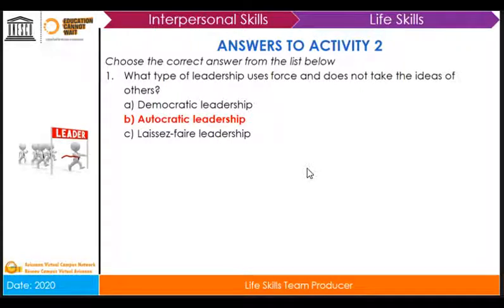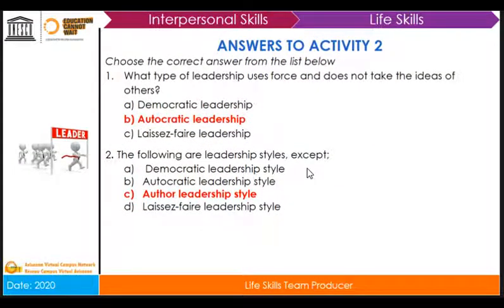The correct answer to question 1: what type of leadership uses force and does not take the ideas of others? The correct answer is autocratic leadership. Beautiful.